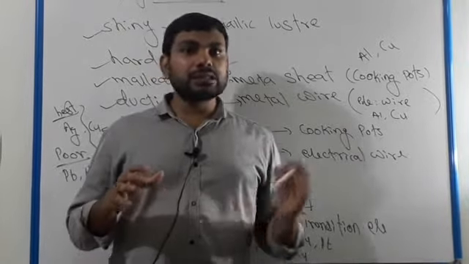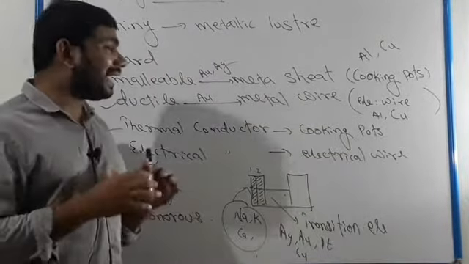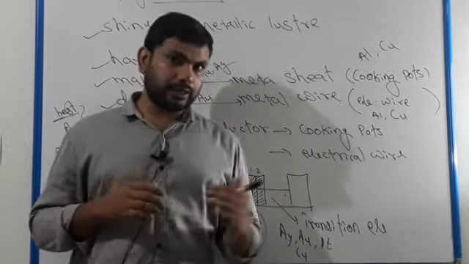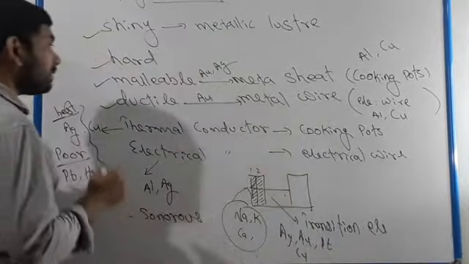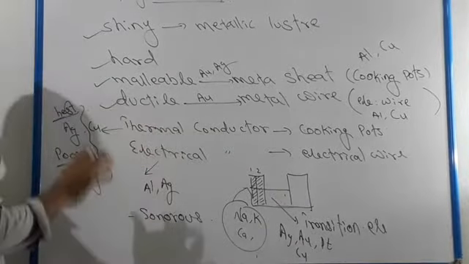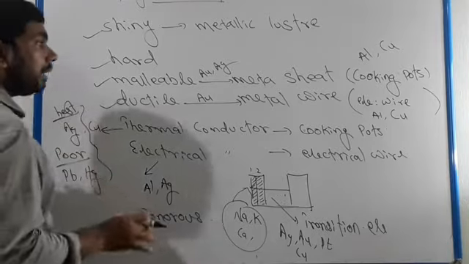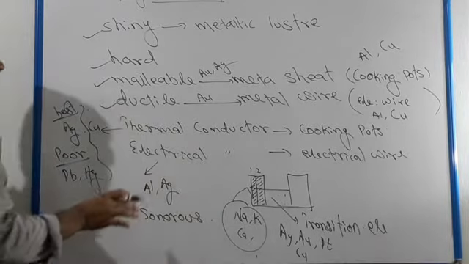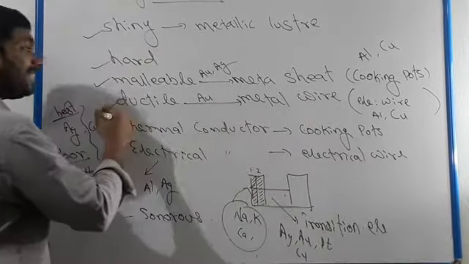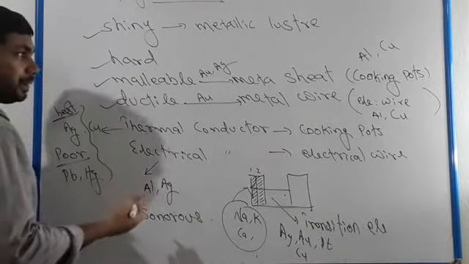These pictures show we can convert metal into thin wire, metallic wire. This property of metals is called ductile. Metals are ductile means we can convert metals into thin wire.